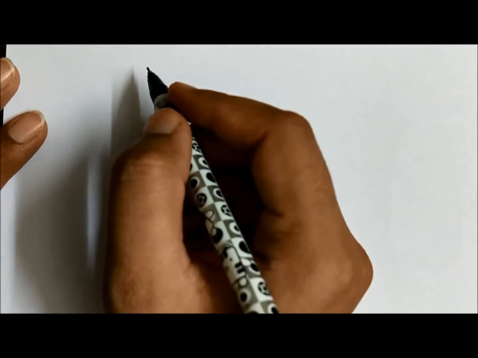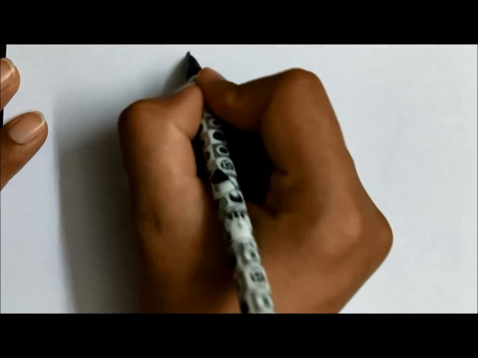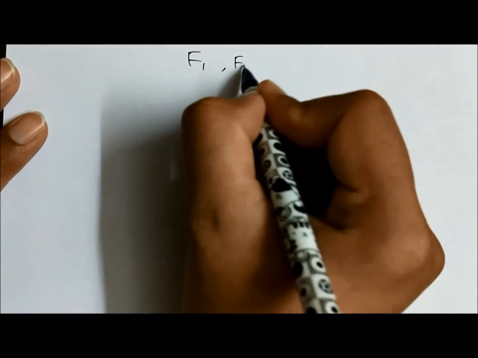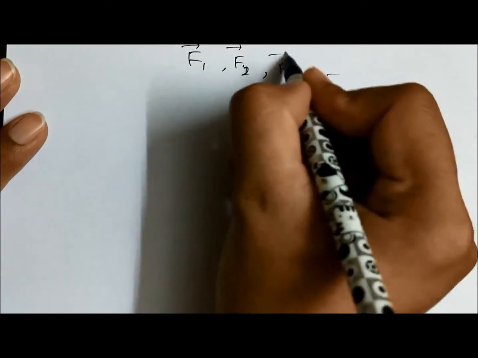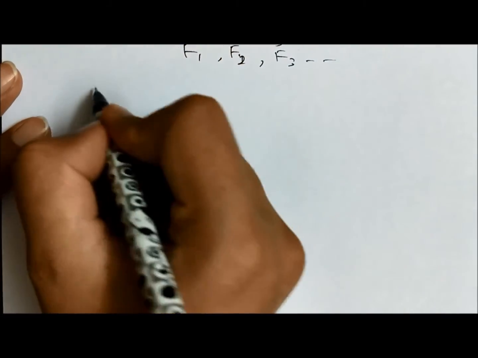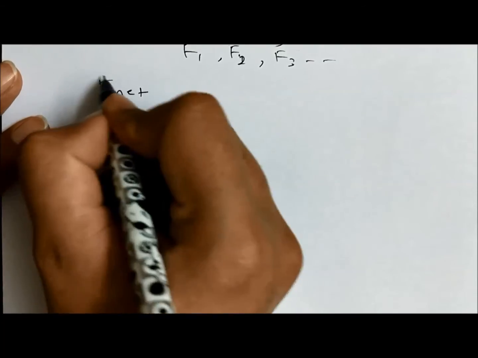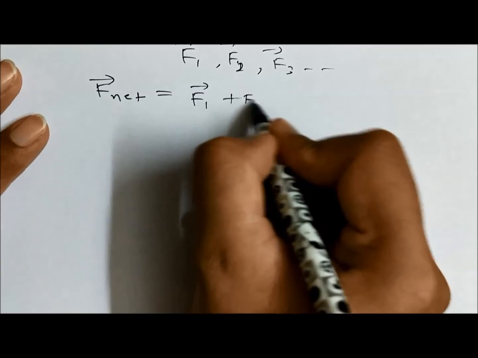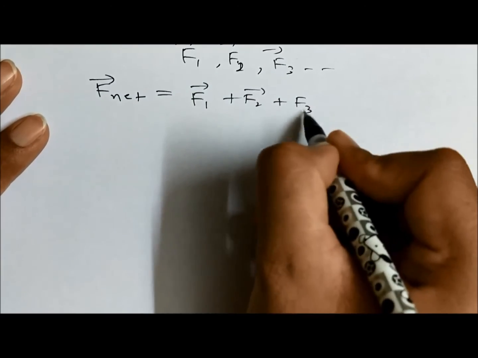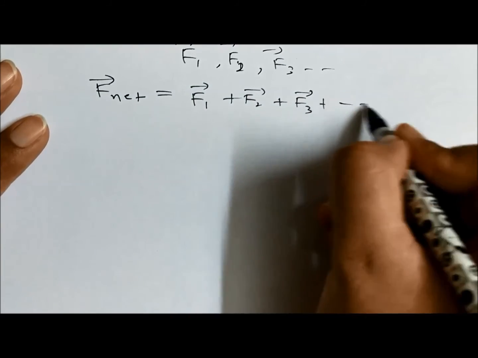So suppose there is a number of charges and the forces will be F1, F2, F3, as they are vector quantities. So the total force, or we can say net force, will be equal to F1 vector plus F2 vector plus F3 vector and so on.